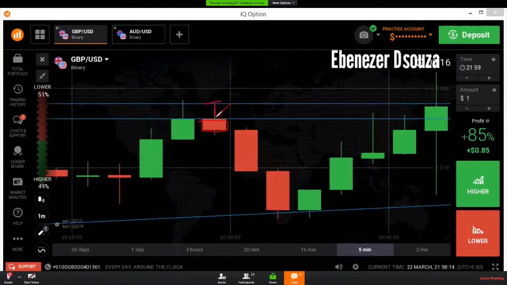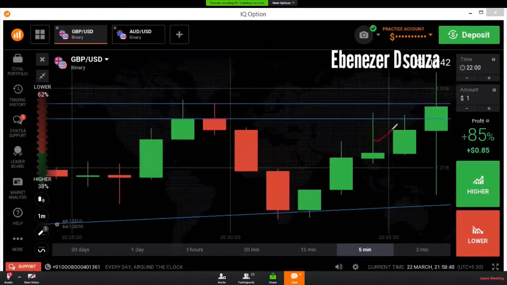There is a rejection from this level because of sellers. But in this wick we are seeing some sellers entry as well as some buyers entry. In this body we are seeing only the sellers, not buyers.